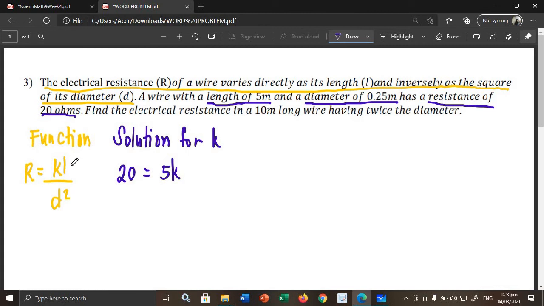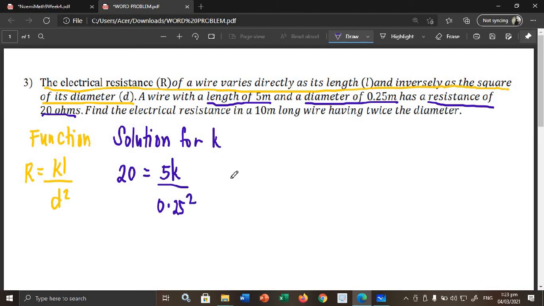The 5 is the value of your length. K is what you're looking for, so just rewrite the K. Your D is 0.25 meters. And then, it is squared, according to the function. So, 0.25 squared.